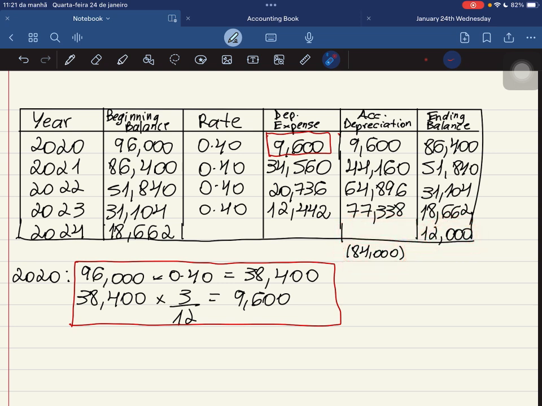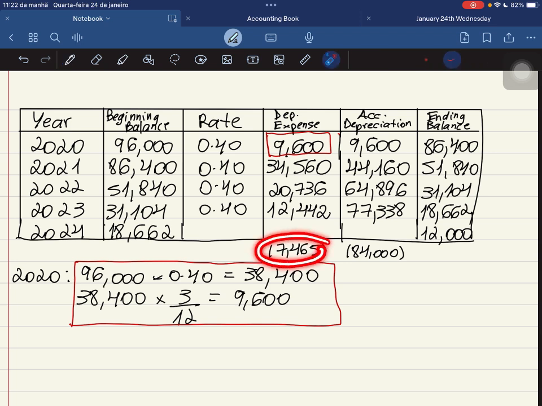But if you calculate the depreciation for this year, you might not necessarily get that. Why is that? Because this is the number that we have, right? So if we do 18,662 times 40%, over here, you would get 7,465. I'm rounding it up.